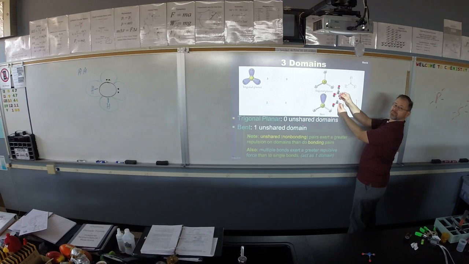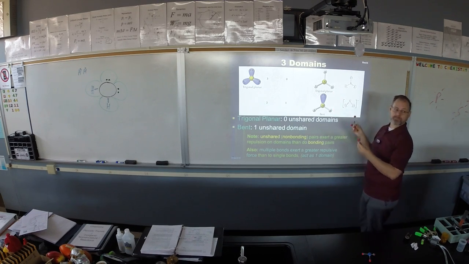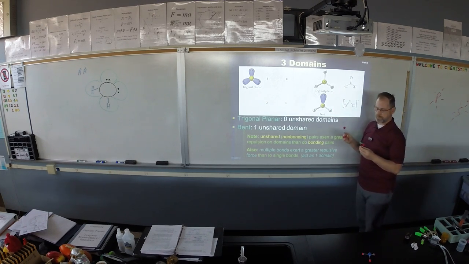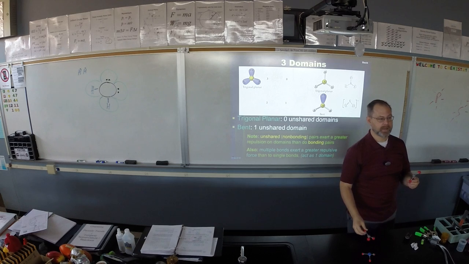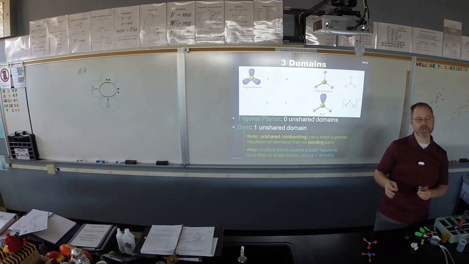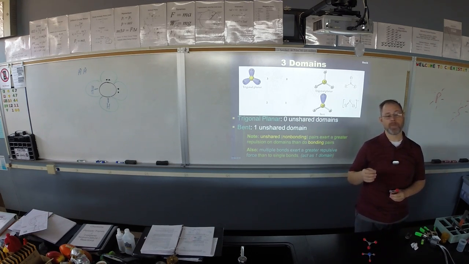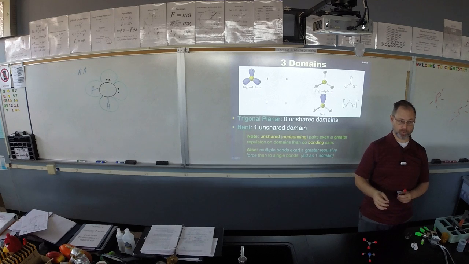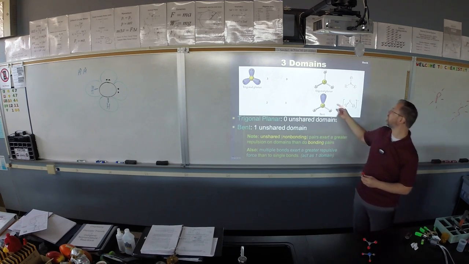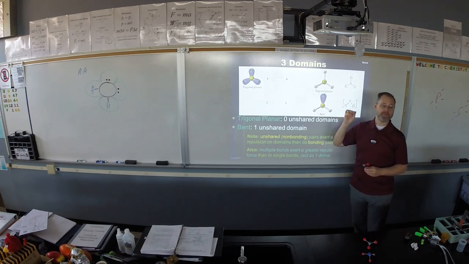Can you see the difference? Well, why does it not show the third domain? Because when we talk about molecular geometry, we only care about the geometry of the molecule. We don't care about the invisible unshared pairs. Now, the invisible unshared pairs are a domain.